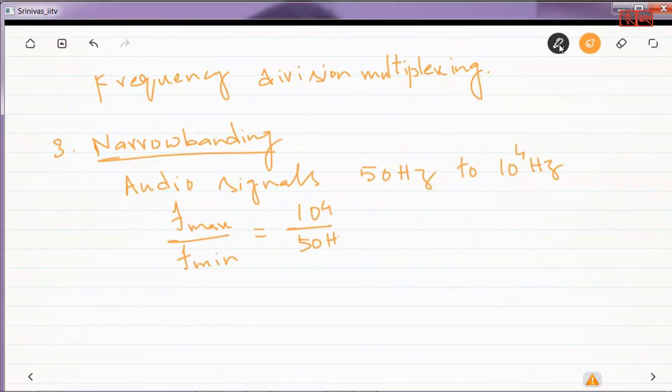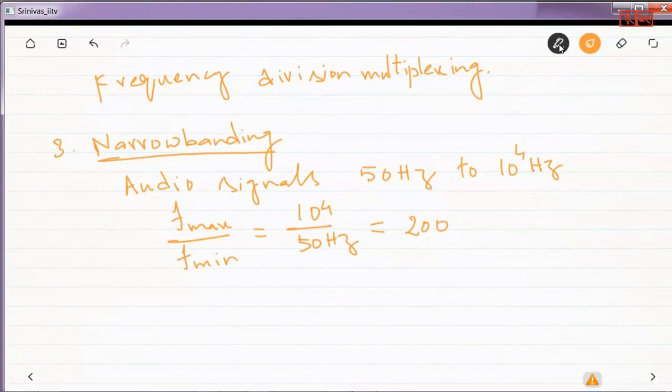And what is the ratio? It is 200, as you can see readily, right? So lambda max by lambda min is also a ratio of 200. See, your wavelength ratio is also 200.